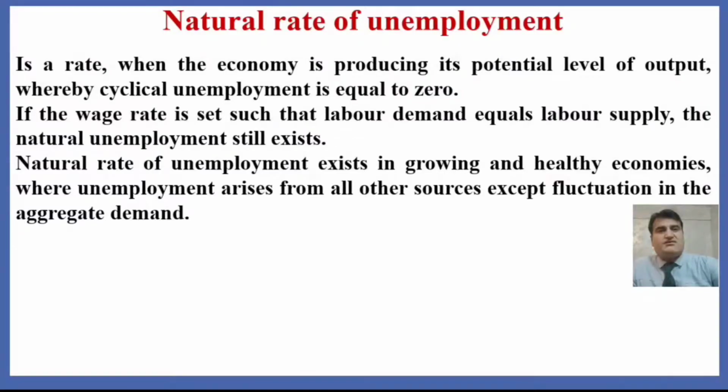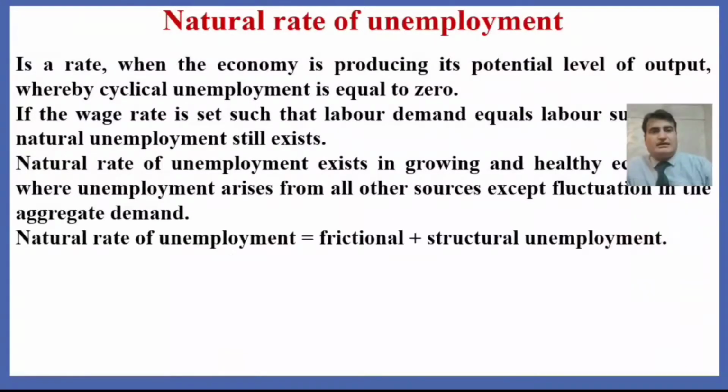The natural rate of unemployment exists in growing and healthy economies where unemployment arises from all other sources except the fluctuation in aggregate demand. The natural rate of unemployment can be said to be frictional unemployment plus structural unemployment.